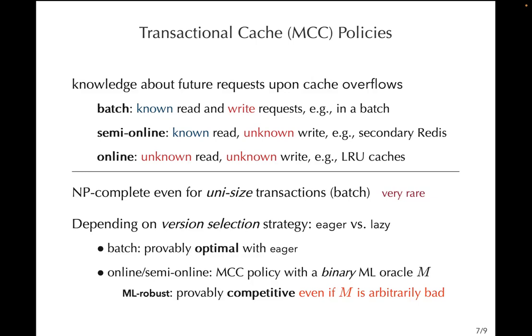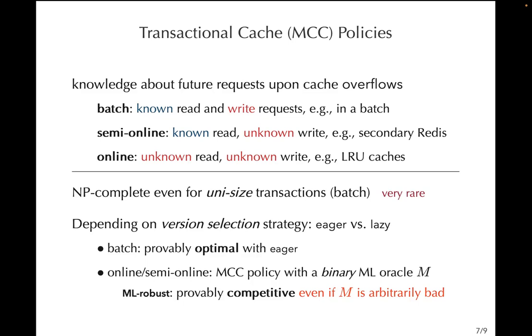Despite this somewhat surprising complexity result, we dig deeper and develop a few cache policies for transactions with provable guarantees. In particular, for the batch model, depending on how we treat the stale items in the cache when we make the cache consistent, we developed a provably optimal policy that maximizes the use of stale items in the cache, which we call the lazy version selection strategy.